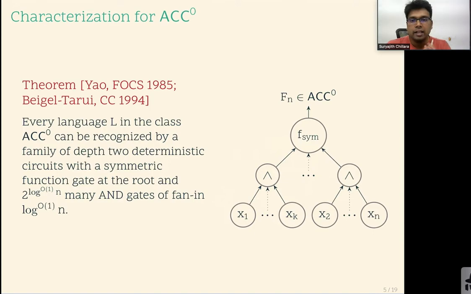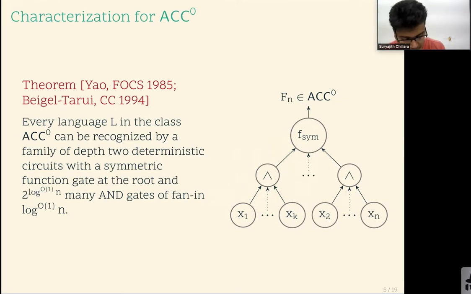One of the key ingredients in the proof of Williams is this characterization of AC0 by Beigel and Tarui, which by itself depends on the work of Yao. They said that every function in AC0 can be computed by a depth 2 deterministic circuit where the top gate is a symmetric gate, and into the symmetric gate quasi-polynomially many AND gates feed, and into each of these AND gates polylog many variables feed.